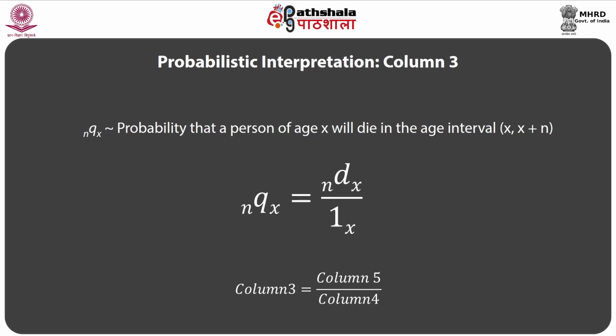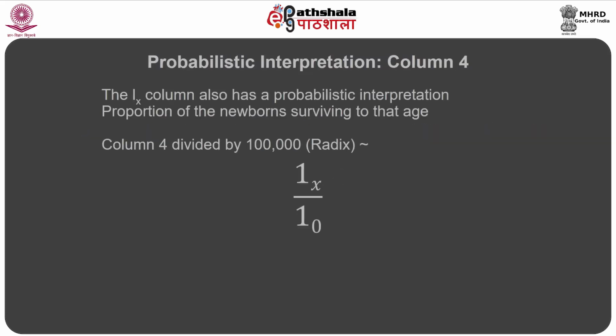Here in the table, column number 3 equals column number 5 divided by column number 4. The small lx column also has a probabilistic interpretation. That is, small lx divided by small l naught is the proportion of newborns surviving to that age, given by column number 4 divided by the 100,000 radix.